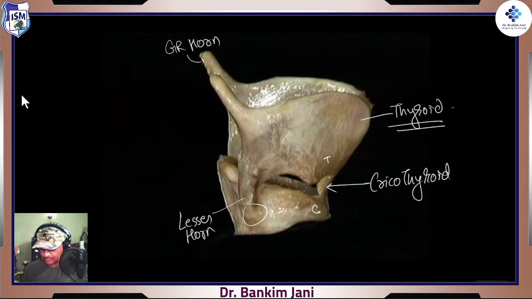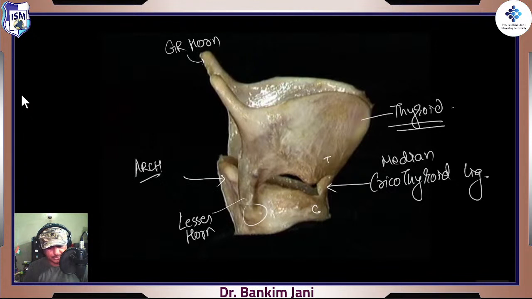If you really want to say, you'll say ligament, and because this is median, the median cricothyroid ligament. And similarly, there would be the posterior thickening, so that will come in the posterior part. This is that arch, the arch of lamina, that is for the cricoid.